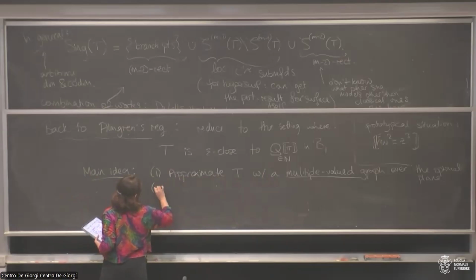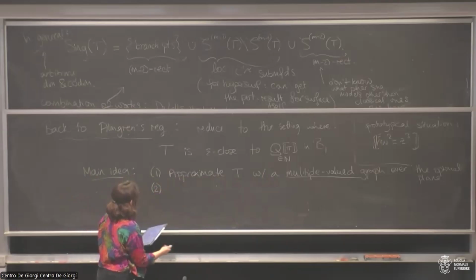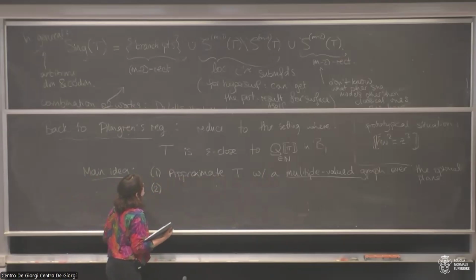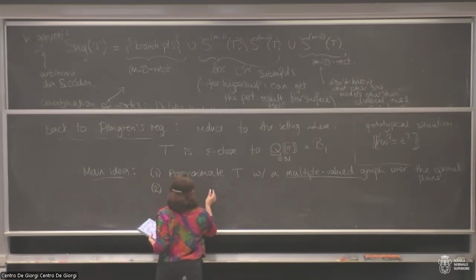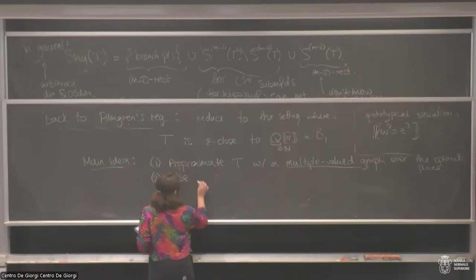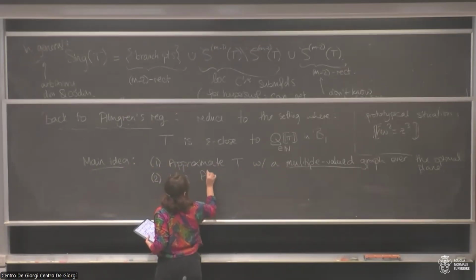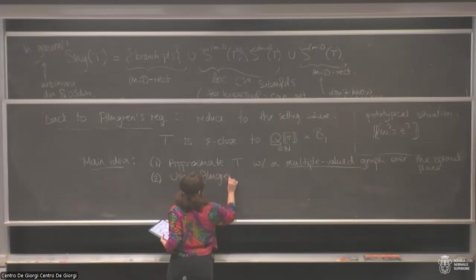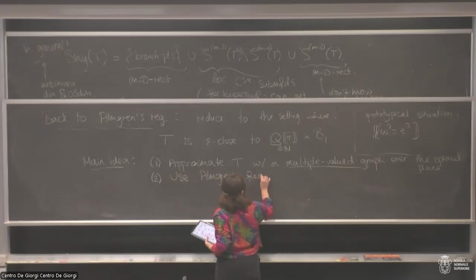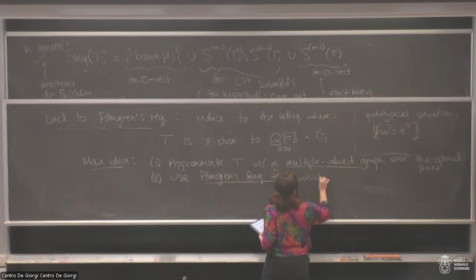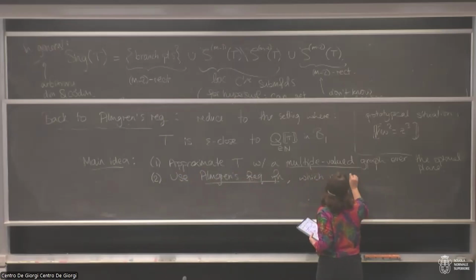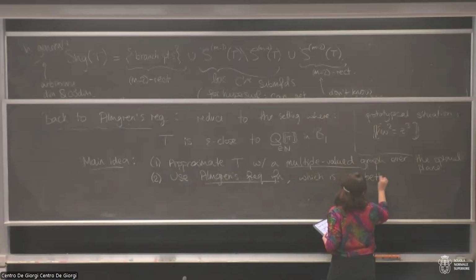Then the next step, once you have such an approximation, is to use, I'll explain in detail at least some of these steps, Almgren's frequency function. It's a better monotone quantity.